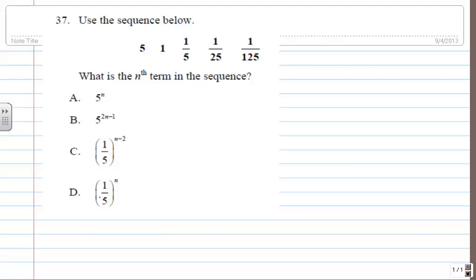But before we look for which one is the best answer, let's look at our sequence. As you can see, it starts with 5, but then it goes down to 1. And then it's 1/5, then 1 over 25, 1 over 125.